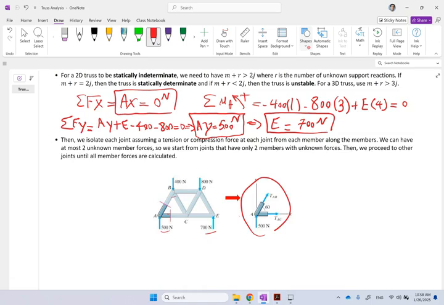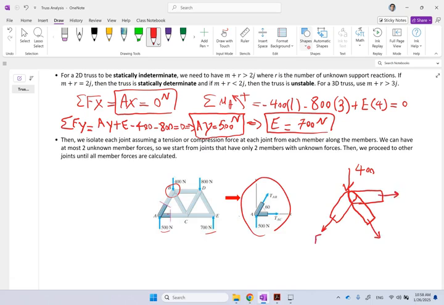So if I want to start, I would not start at B, because if I draw B, then guess what? B has 3 unknown member forces plus this external force of 400. So there will be this force in it that I don't know, this force in it that I don't know, and this force in it that I don't know.